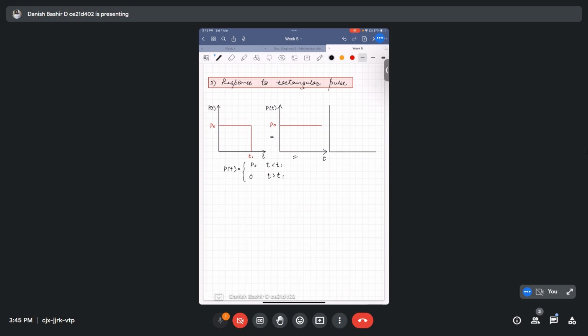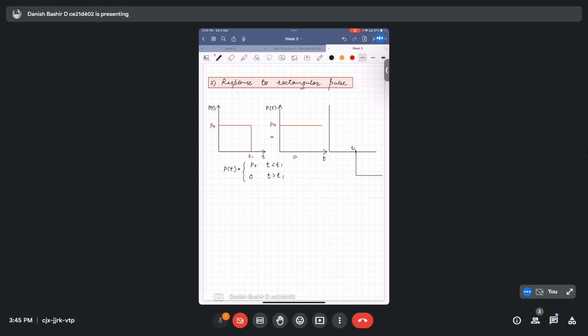I can consider one more pulse after time t1. For example, it is t1. I can consider the same step pulse, of the same amplitude P naught but in the opposite direction, like this. So I can have a composite of minus P naught.